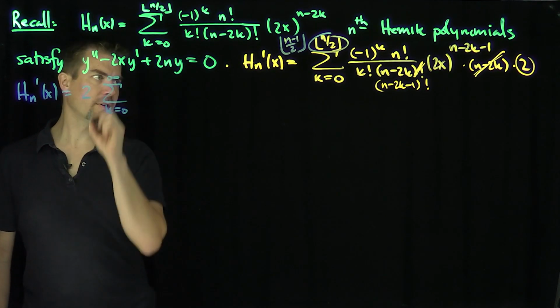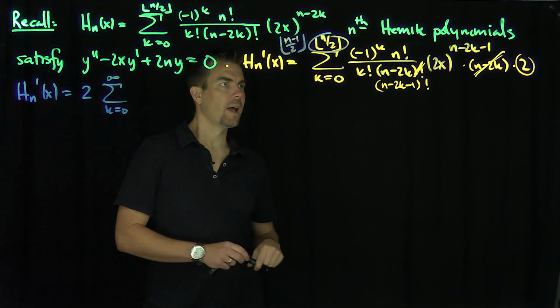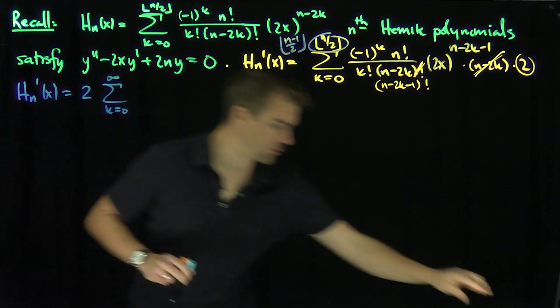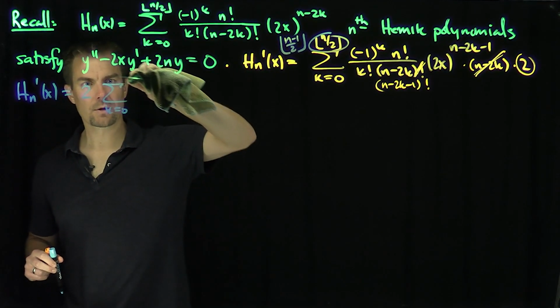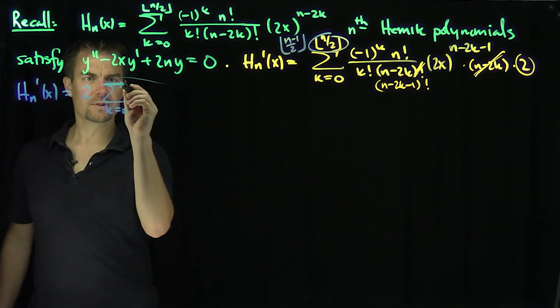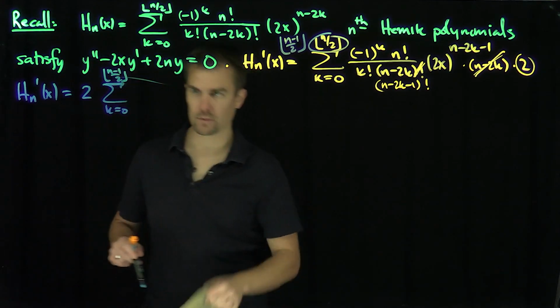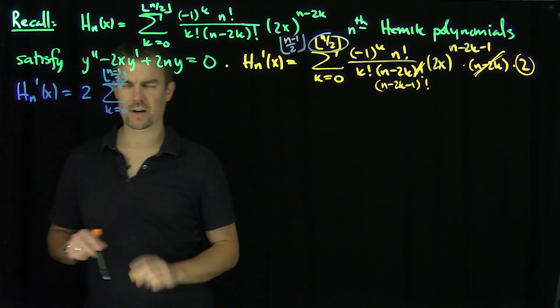So now we can rewrite this as H_n'(x) is 2 times the sum, k goes from 0 to, not infinity of course, that's a force of habit. It's going to go from 0 to the floor of (n-1)/2. That's what happens when you're an analyst. Everything goes to infinity when you're an analyst, but that's the restriction on k.